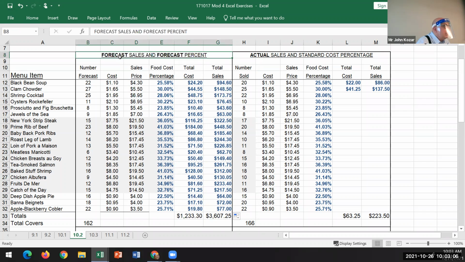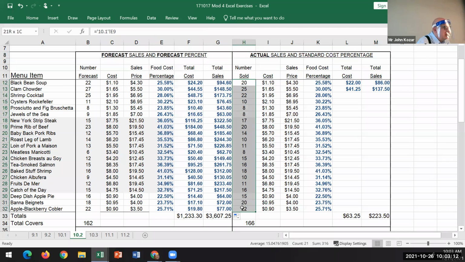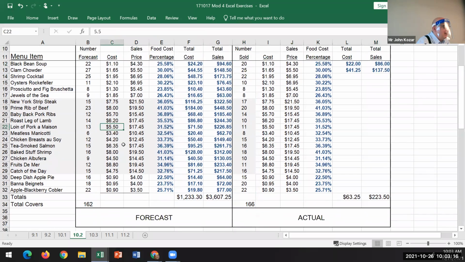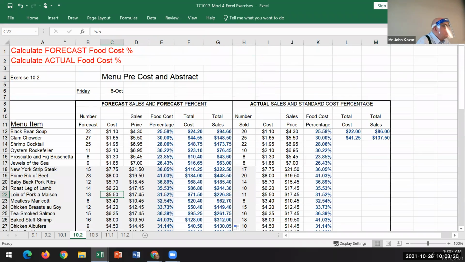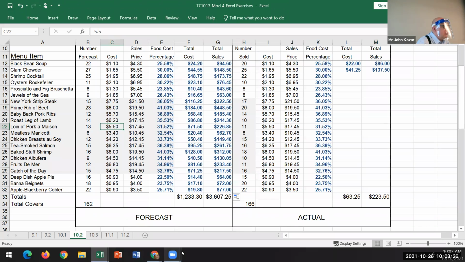So this is forecast sales. This side is actual sales. So some of these numbers are different than what they were over here. Now we want to know the forecast food cost percent and the actual food cost percent. So this is our cost, this is our sales.